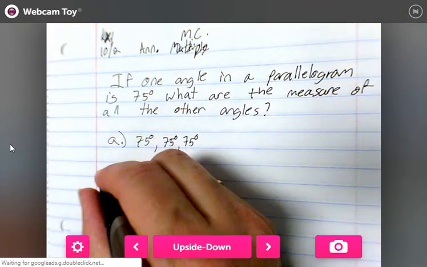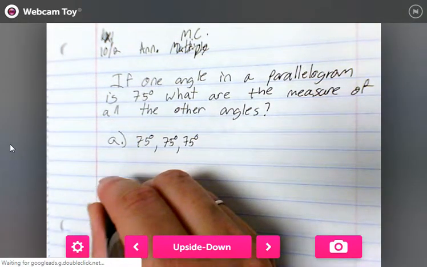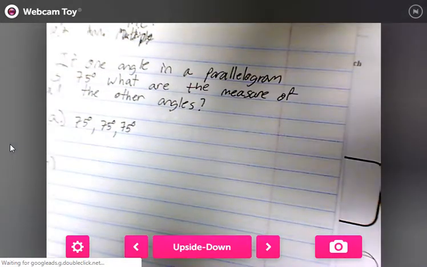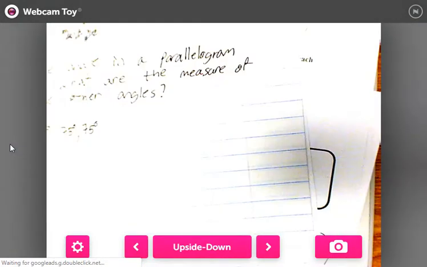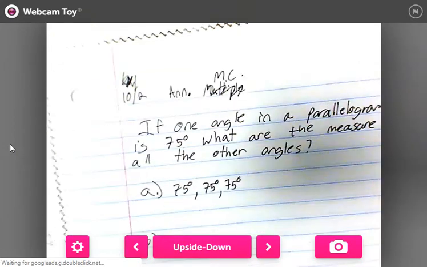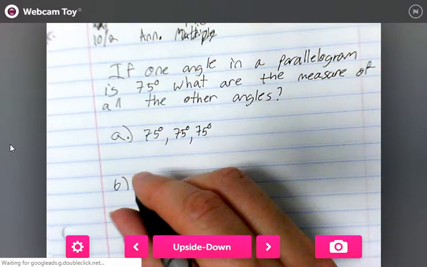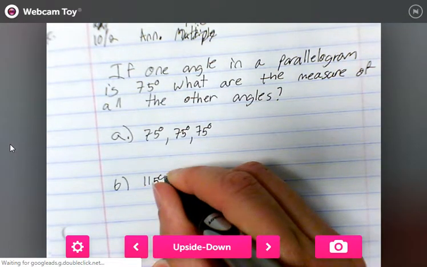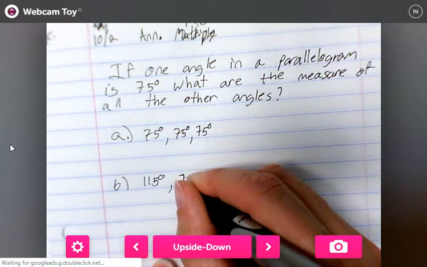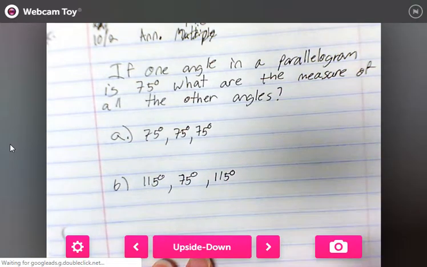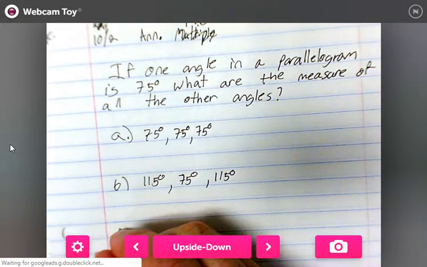We're going to do a big space and we're going to put B. This is driving me nuts. Hold on. There we go. B is going to be 105 degrees, 75 degrees, 105 degrees. Oh, not 115, excuse me, 105. Sorry, guys. Then we're going to put a decent space again.